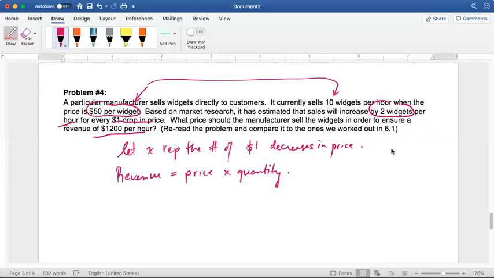It's completely irrelevant. It's just a matter of making the problem sound really official. So our price, we're going to come up with a binomial. When the price is $50, we're decreasing by $1, so 50 minus 1x. x is the number of decreases in price. And then, of course, our quantity increases by 2, so 10 plus 2x.